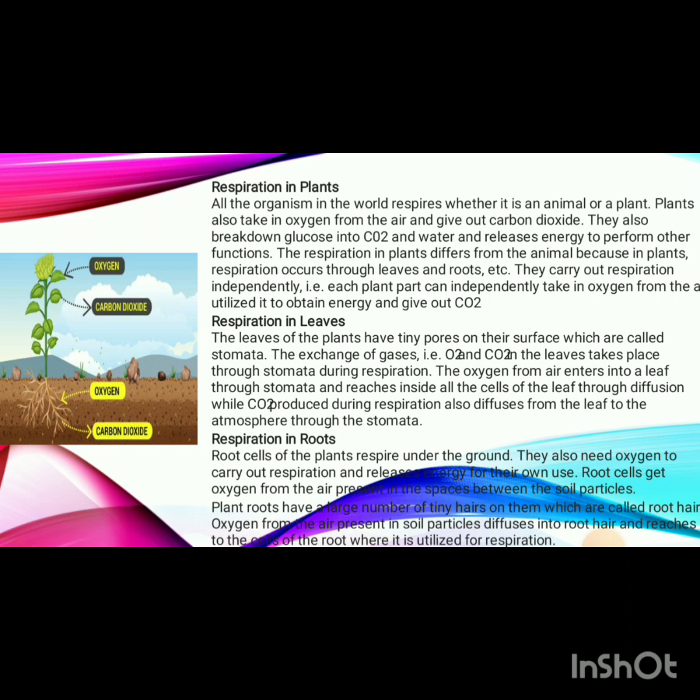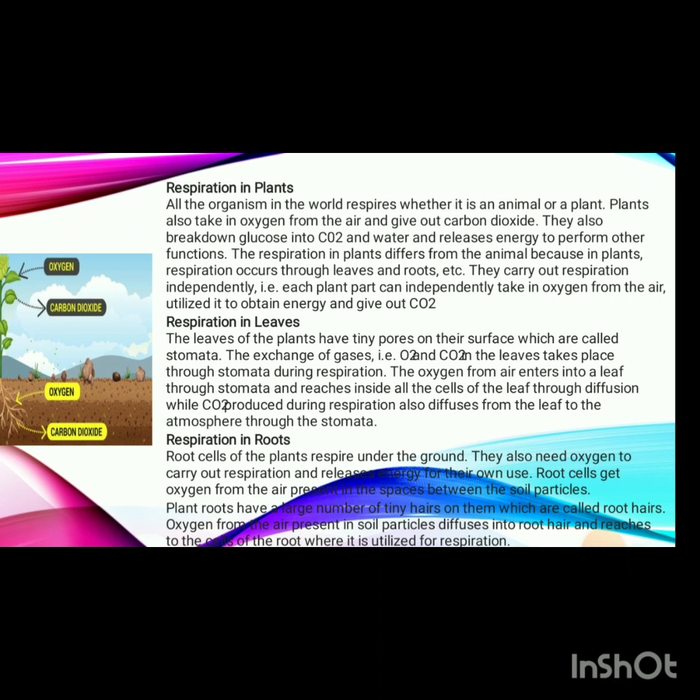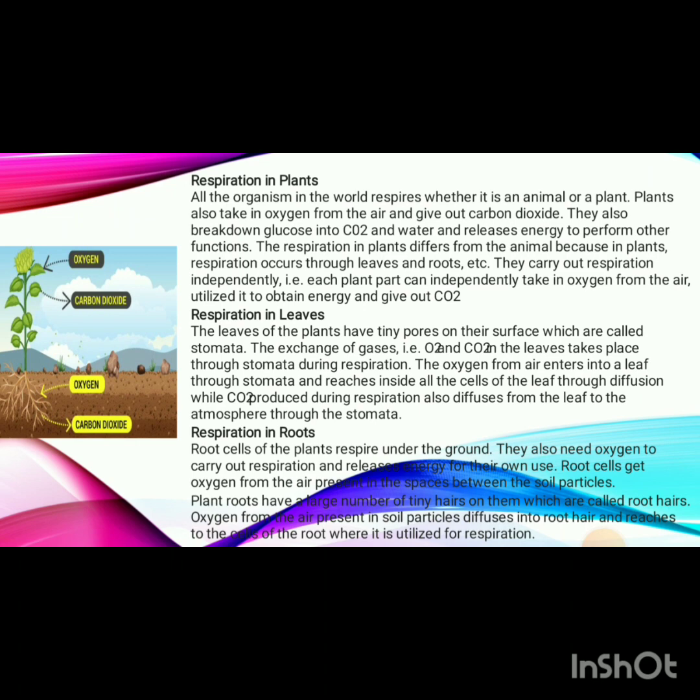The respiration in plants differs from animals because in plants respiration occurs through leaves and roots, etc. Okay. They carry out respiration independently. Each plant part can independently take in oxygen and air, utilize it to obtain energy and give out CO2.